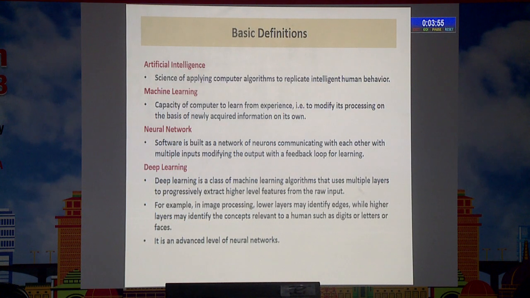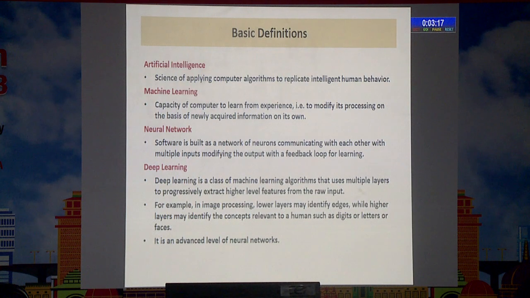Some of the basic definitions we come across in artificial intelligence: what is artificial intelligence? It is the science of applying computer algorithms to replicate intelligent human behavior. Machine learning is the capacity of the computer to learn from experience, to modify its processing based on newly acquired information on its own. A neural network is software built as a network of neurons communicating with each other with multiple inputs, modifying the output with a feedback loop of learning.